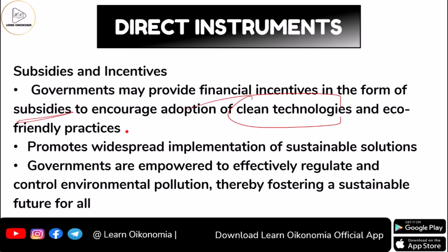So what will happen when you go for such eco-friendly practices of clean technology? This would make you work in favor of the environment, and this would definitely make you go for adoption of sustainable development related solutions.